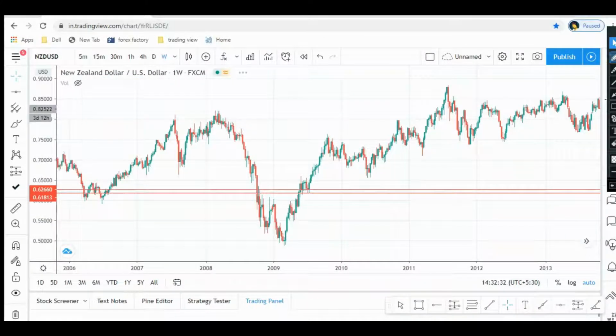Alright, as you can see here, price acted as a support. Here after breakout, it acted as a resistance, and you can see price has also acted as a support here.